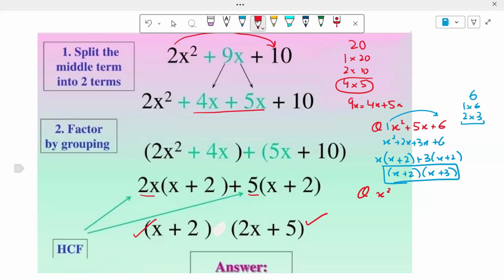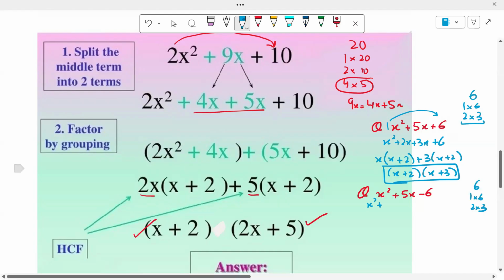Now let's try one more question. X squared plus 5x minus 6. If you check, this is somewhat very similar to our previous question. Here also 6 ones are 6 and the factors are there. But if we take it as x squared plus 2x plus 3x minus 6 and try to make the paired factors, the first two terms carry a plus and the second two terms carry a minus.